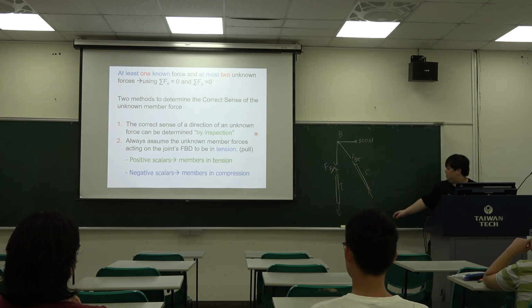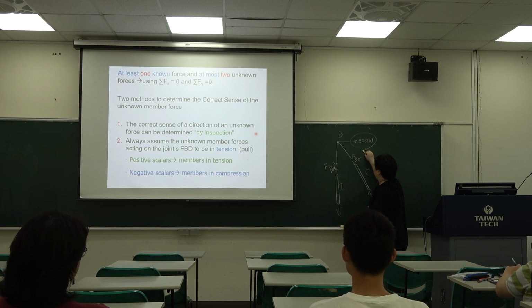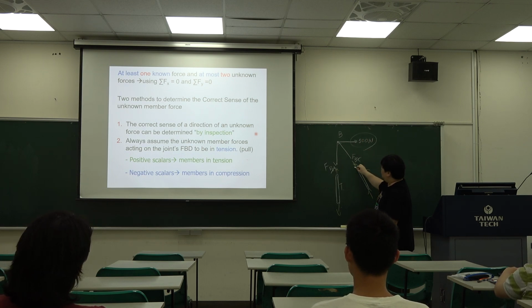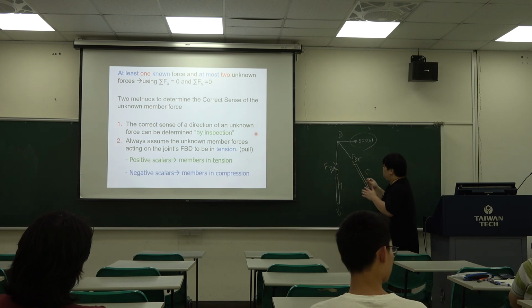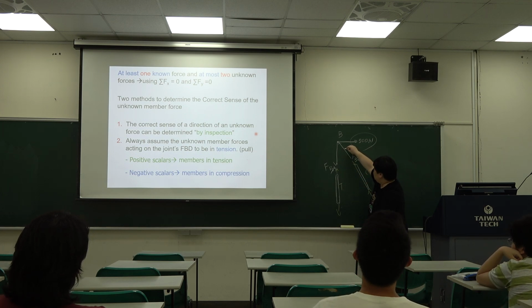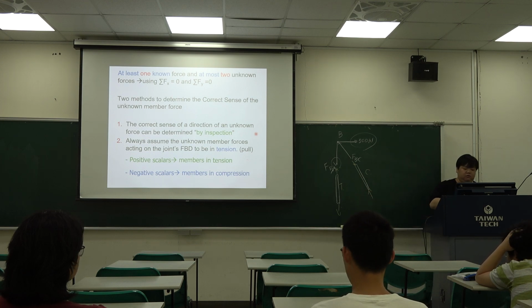But for this part, we know this force, so we can very easily draw the free body diagram in this direction and this direction. If you don't know, just put tension. It's okay, like this part. Then when you calculate, you will get the negative value.